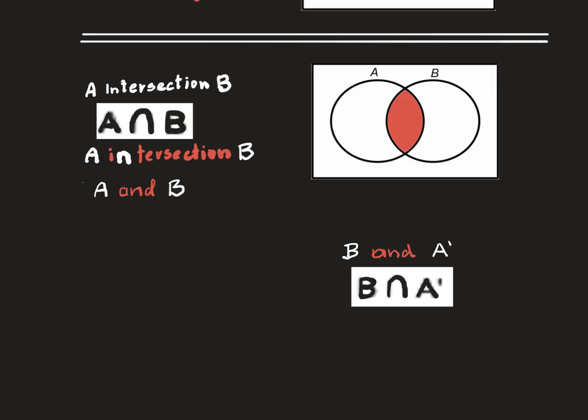Now, how would we shade B intersection complement A?